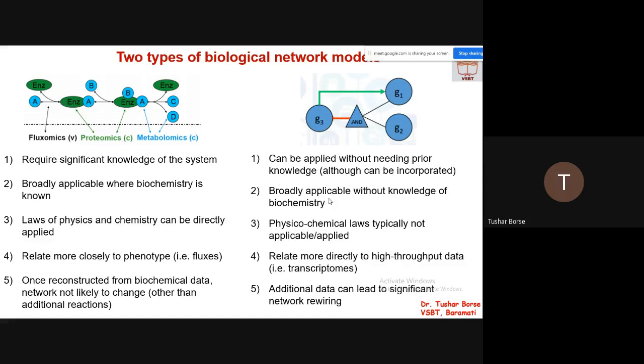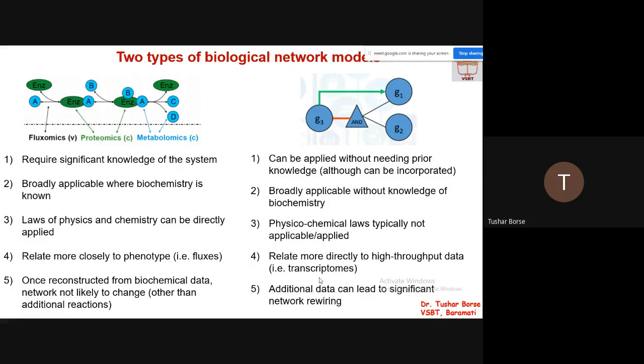There is no need of knowing the biochemistry, or of understanding what physical and chemical laws are going to affect it. Simply, we are taking the available database which we have obtained from genomics, proteomics, metabolomics, or transcriptomics studies. We put it into a program and try to develop a network.